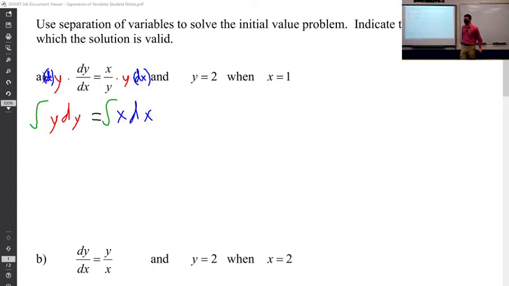So we'll start over with y. Antiderivative of y is 1/2 y squared. Antiderivative of x is 1/2 x squared. And now both of these sides should technically have a plus c on them.